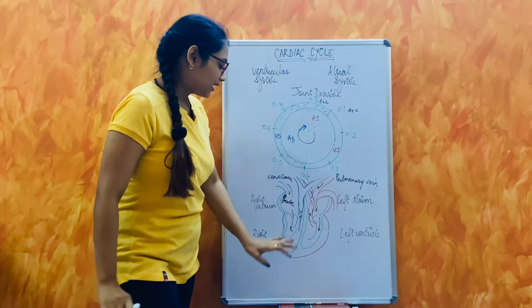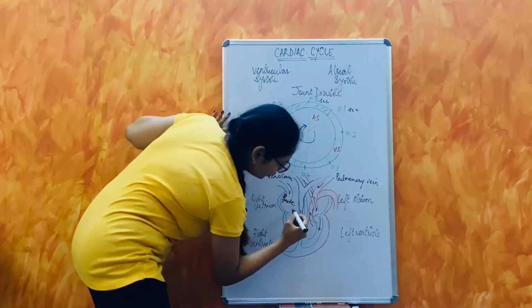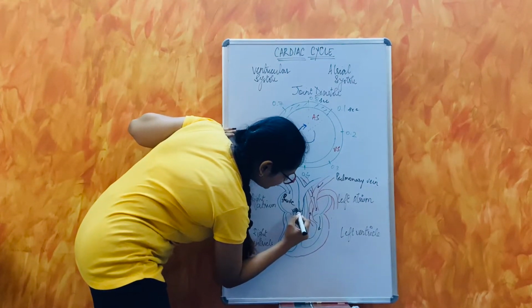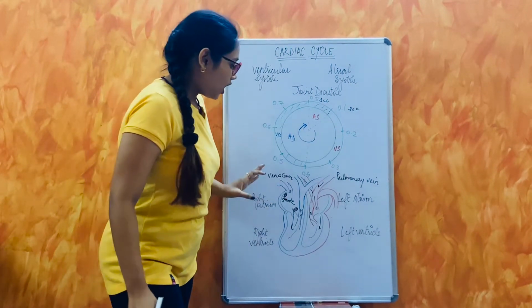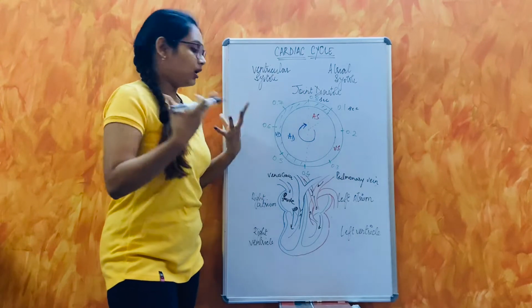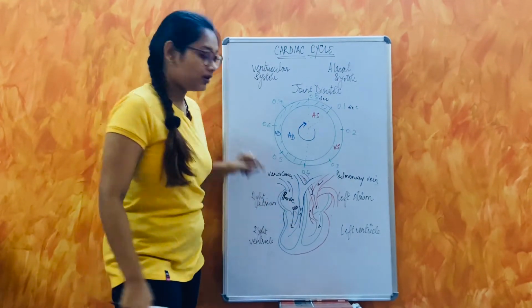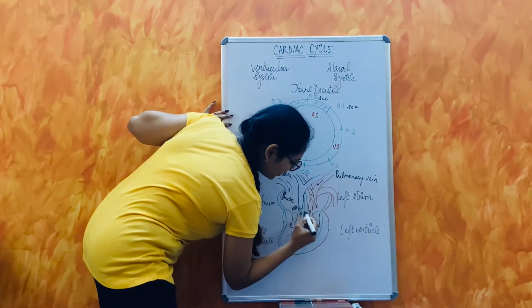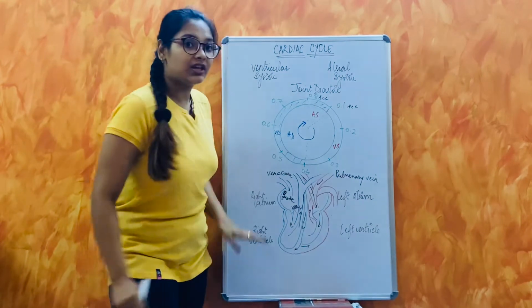Now what is happening is that the SA node gives the potential to the AV node, the atrioventricular node, which is basically potentiating the action potential coming from the SA node and sending it to the bundle of His, which is again sending it to the Purkinje fibers.